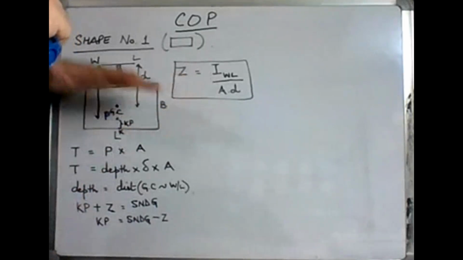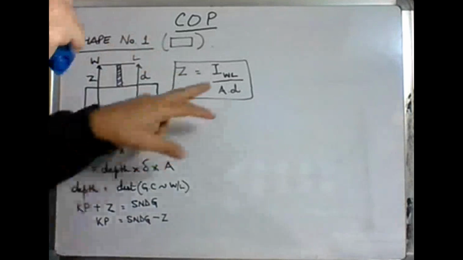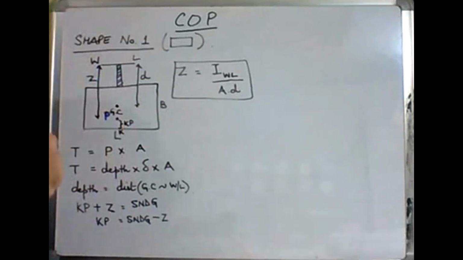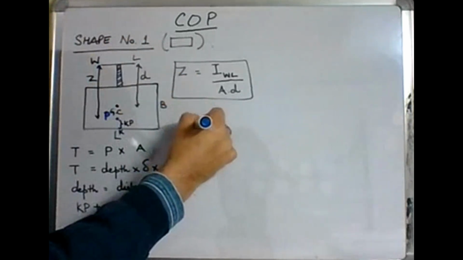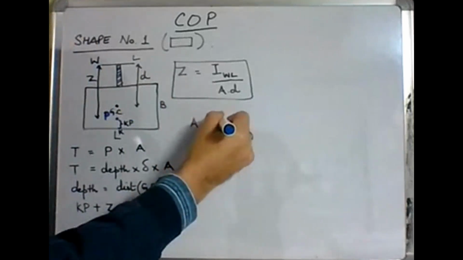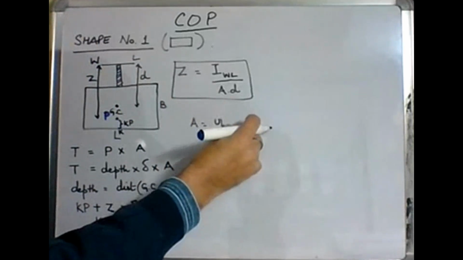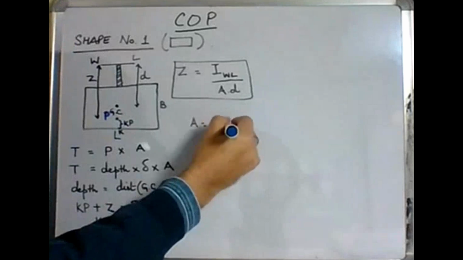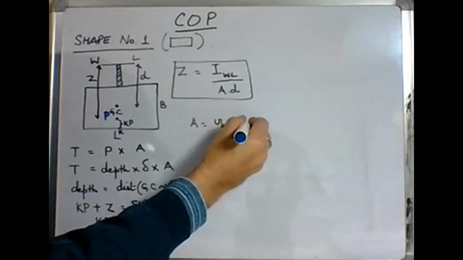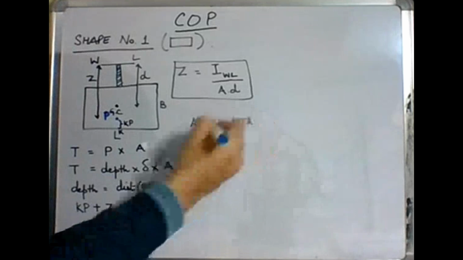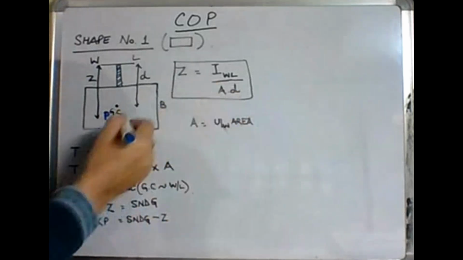That means moment of inertia about the water line. A is the underwater area. D हम ऑलरेडी निकाल चुके हैं.